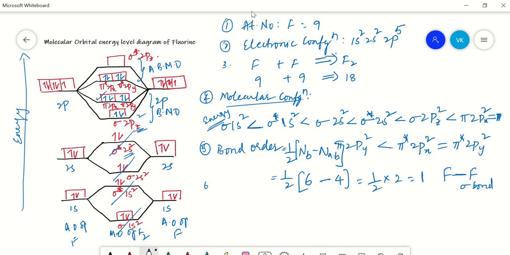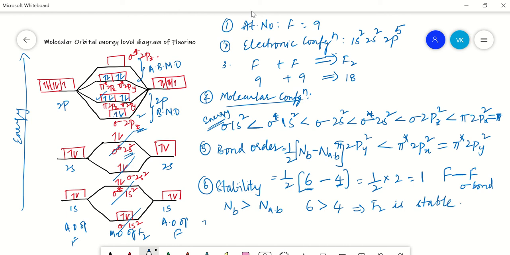Now coming to the next point, which is stability. Stability is again decided by the number of bonding electrons and the number of anti-bonding electrons. If the number of bonding electrons is more than the number of anti-bonding electrons, then the molecule is said to be stable. Here bonding electrons are 6 and anti-bonding electrons are 4, so your F2 molecule is said to be stable, right? Then the seventh one here is magnetic nature.